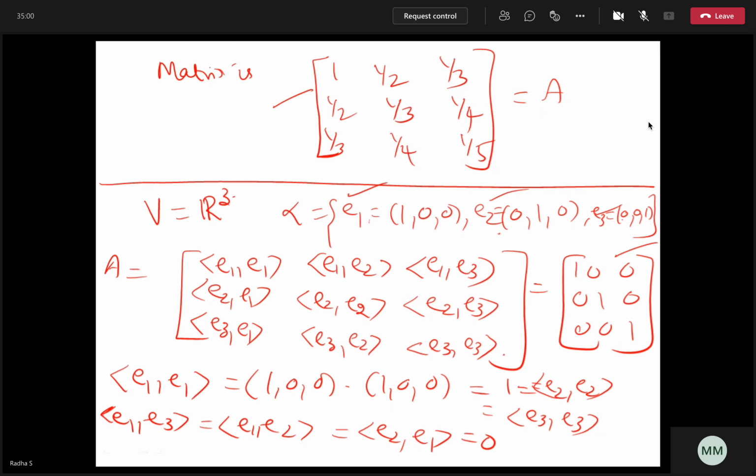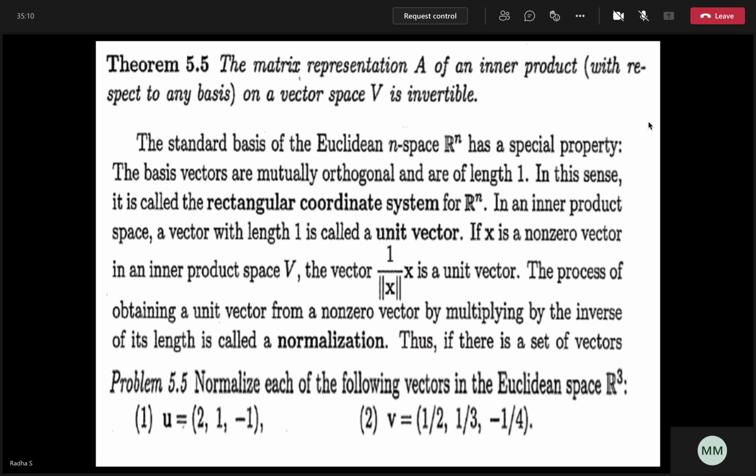So here the determinant of this matrix is not equal to 0, and you can find the inverse of this matrix. So they assure that the matrix representation of an inner product is always invertible. And moreover, you have to remember that the matrix will always be a symmetric matrix.